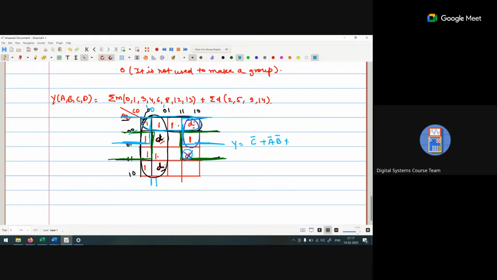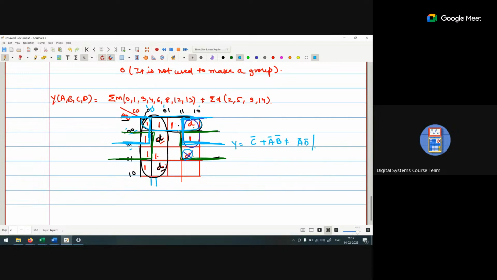Plus, if we create a group of this particular part, the upper 2 rows, the left and right side part of the upper 2 rows, the term is A bar, because A is constant, and D bar because D is constant.